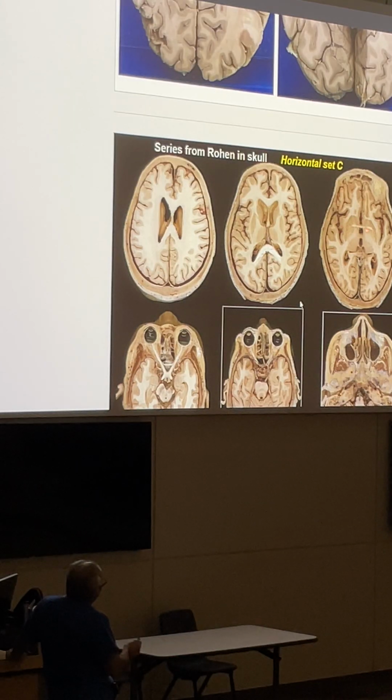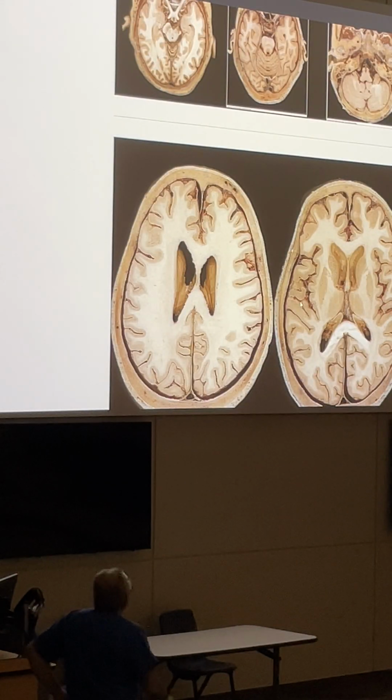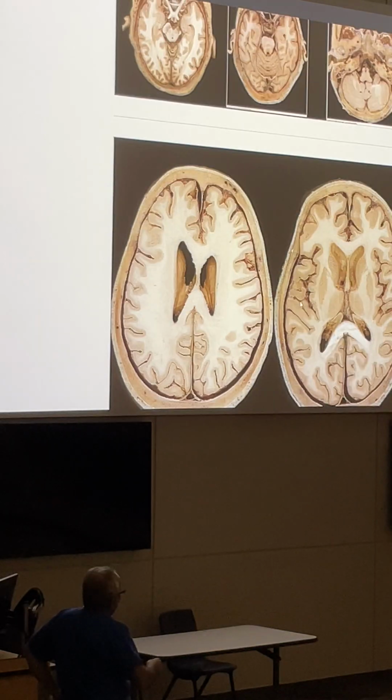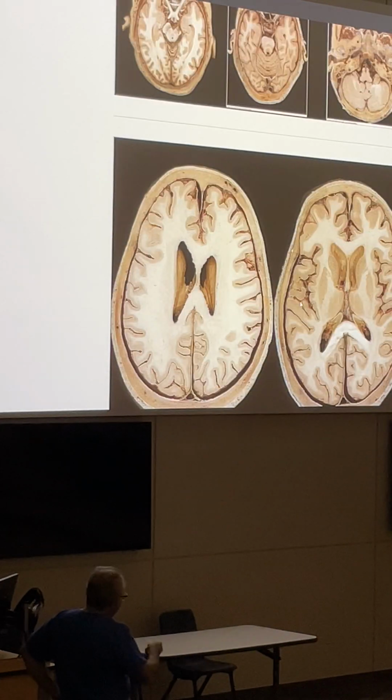What is that white line? Anterior commissure, corpus callosum, fornix, septum pellucidum. If I put the pen right in there, whoops. What portion?